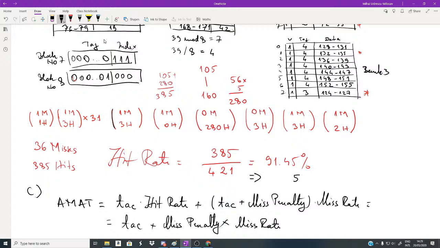That's 8.55%. This is the miss rate, right?